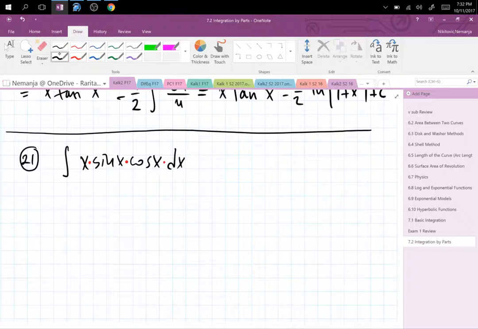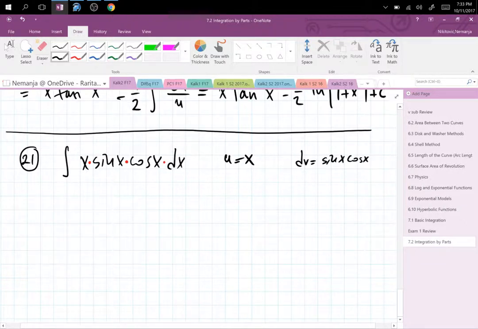When you have questions like this, you try stuff, which is why I gave you a little bit longer than usual. And if you fail, you redo it differently. So when I pick u, I'll pick x, and dv is going to be sine x cosine x dx.